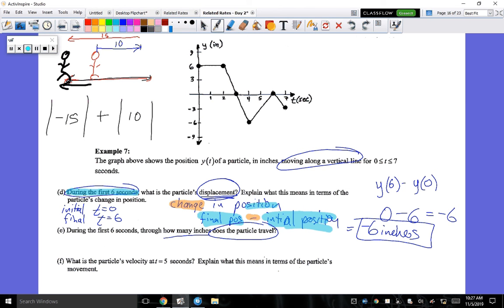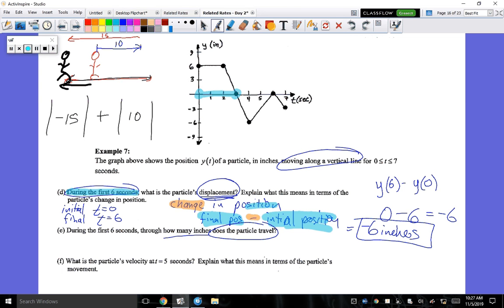So let's look at this. How many inches does the particle travel? How do we set this up? If we're looking at two different displacements, yes? From here to here, do y'all agree?